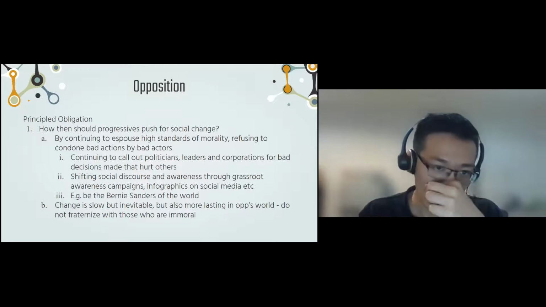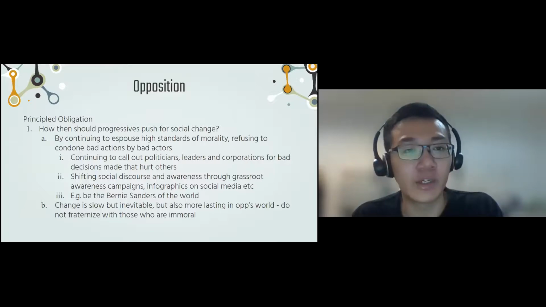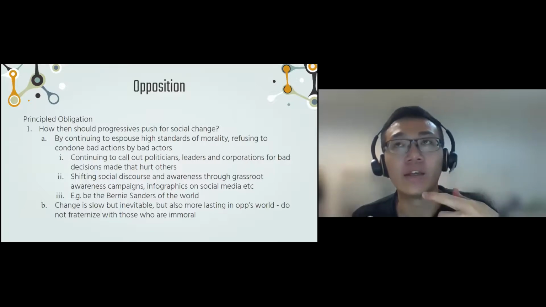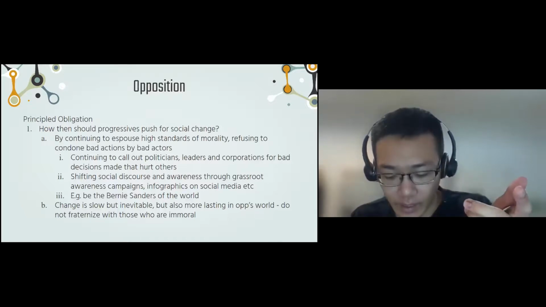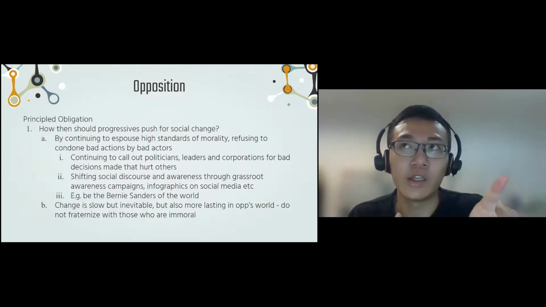Okay, so I think that's more or less the argument for opposition, right? The conclusion of the argument again is that not just is shifting away from political moralism a failure of the principled duty of the movement as a whole.